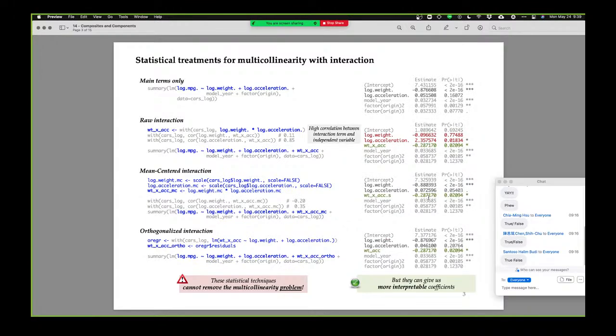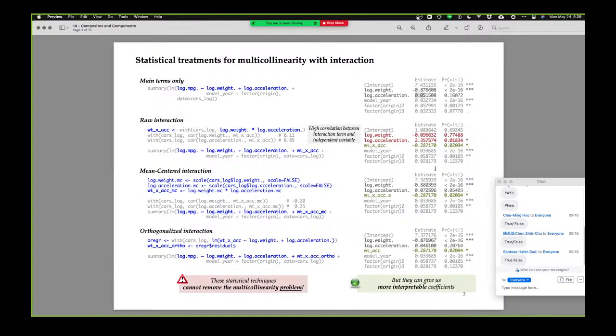What has changed is that log weight's slope is back to being quite similar to what it was before we threw in an interaction term, about minus 0.87. It's off by a little bit, 0.88, but okay, fine. It's quite similar. And log acceleration is again back to being much closer to what it was originally, about 0.05.